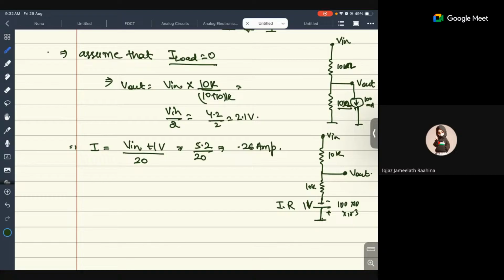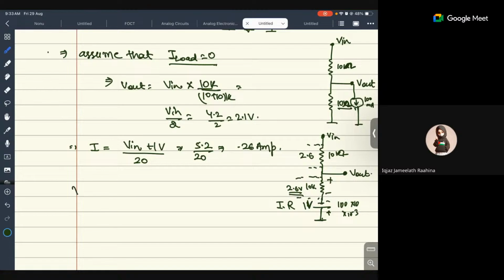If 0.26 ampere is the current, the voltage drop across this one is 2.6, and the voltage drop across this voltage source is also 2.6 volt. The direction is that this becomes plus, this becomes minus.